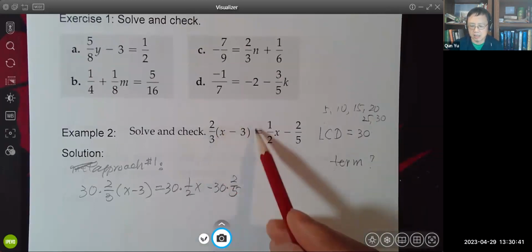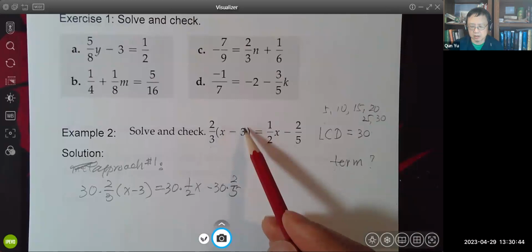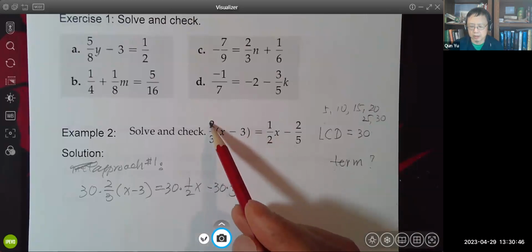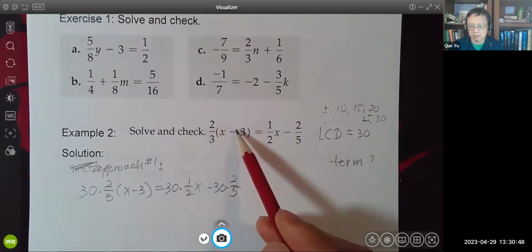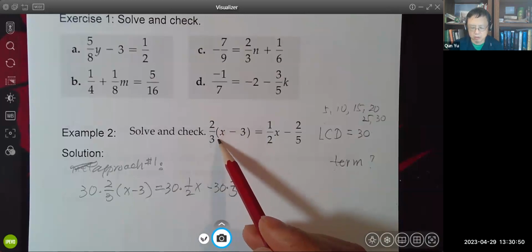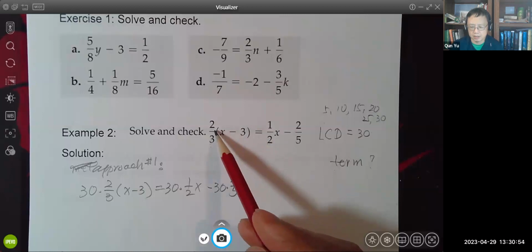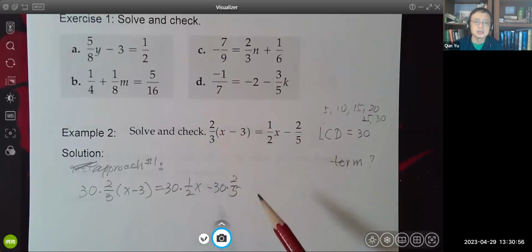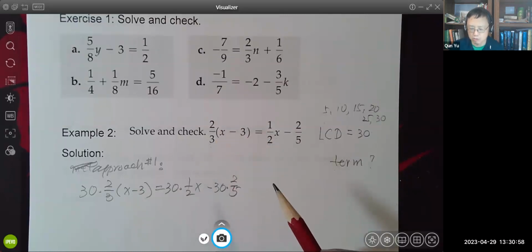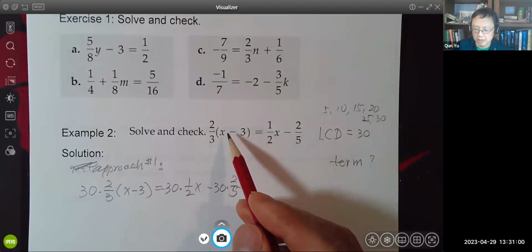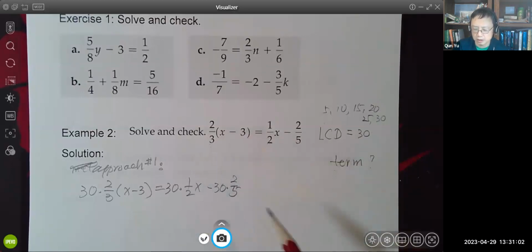And this one doesn't have plus or minus. This is the parenthesis, its whole thing is multiplied by 2/3. So these two are connected by multiplication, not addition or subtraction. This is considered to be like one unit. That's why we don't multiply anything inside the parentheses by 30.